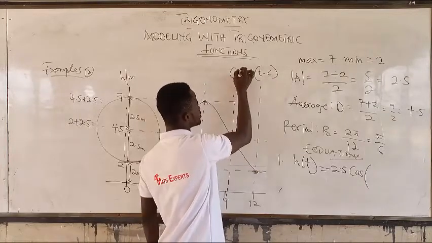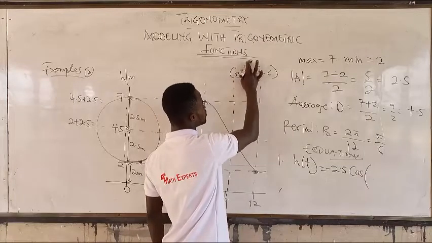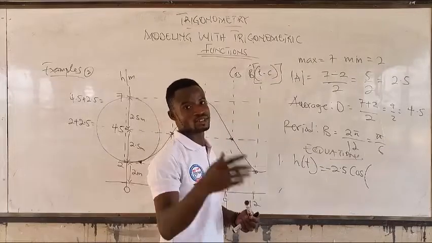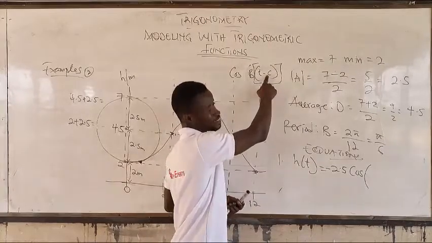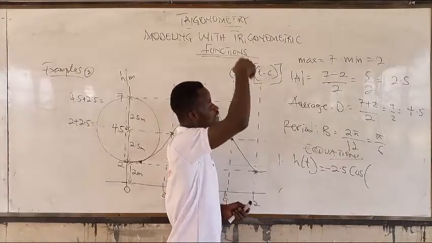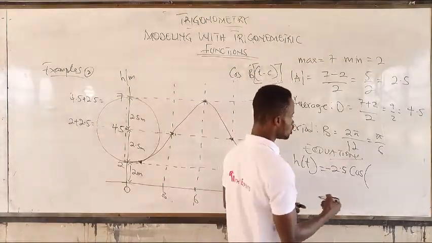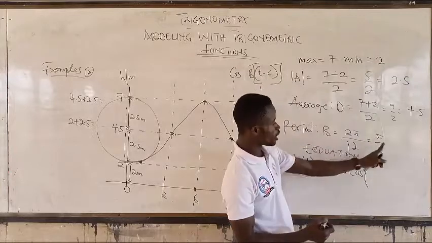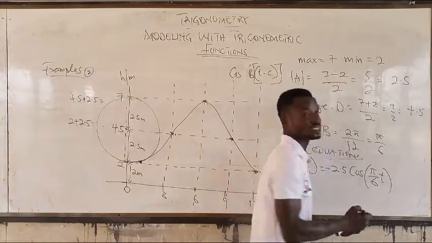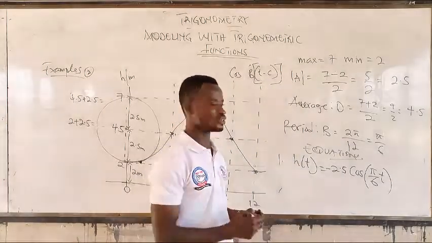It will be something like this. Now there is no shifting, so c is 0. And since c is 0, it's going to be bt. So the b we know to be pi on 6. So pi on 6t. Very good. That's what you're going to get.